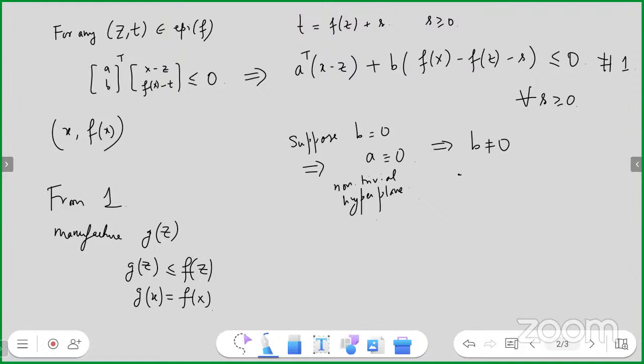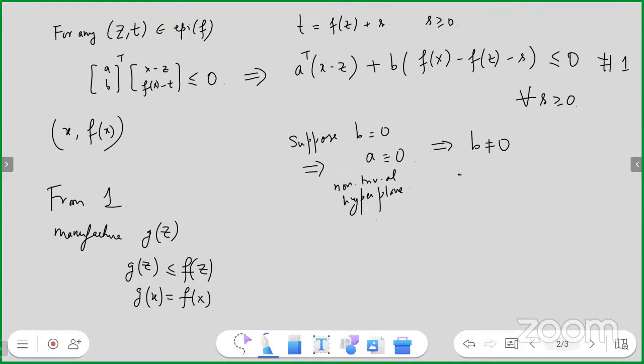If z is fixed, are we fixing z and then proceeding here? What is fixed? You tell me. In that equation, x and z can vary, right? What is x comma f of x? One point of the epigraph at which I am looking at the separating hyperplane.